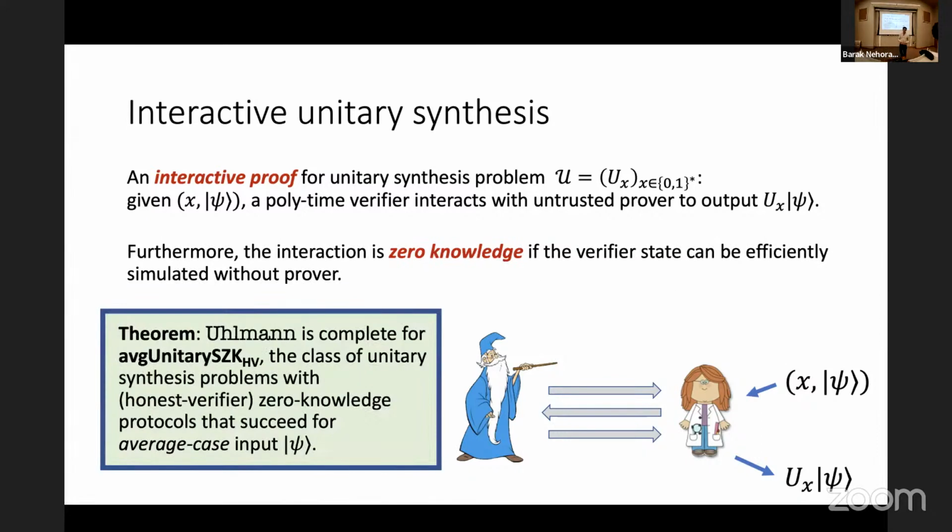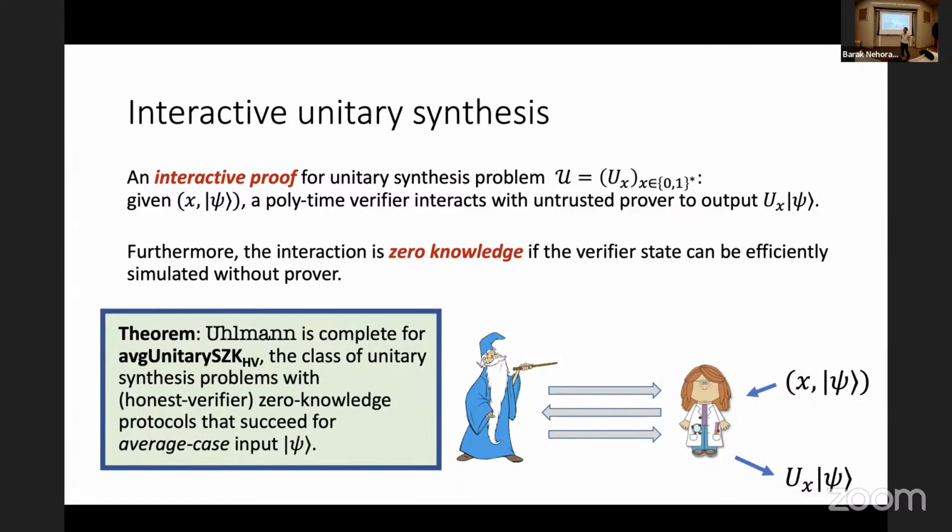The theorem that one can show is that this Uhlmann transformation problem is complete for the unitary complexity analog of the class statistical zero knowledge. Any unitary synthesis problem that can be solved in zero knowledge using this kind of interactive proof can be reduced to this Uhlmann transformation problem, and vice versa.